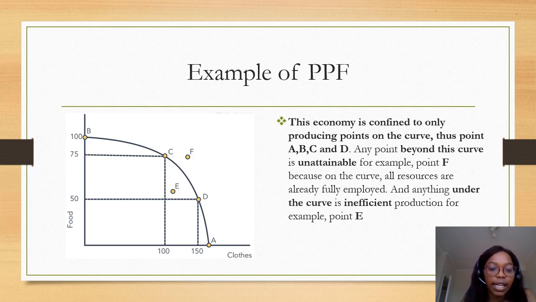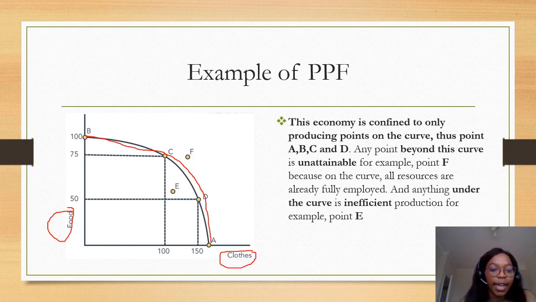As you can see, it is downward sloping. That's one of the properties of the PPC. What this means is that there's a negative relationship between food production and clothing production. Meaning, if you want to produce more food, you need to sacrifice some of your clothing production.